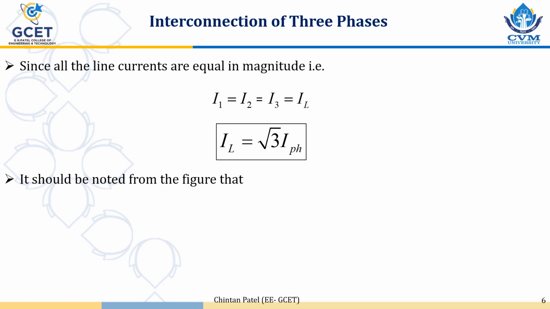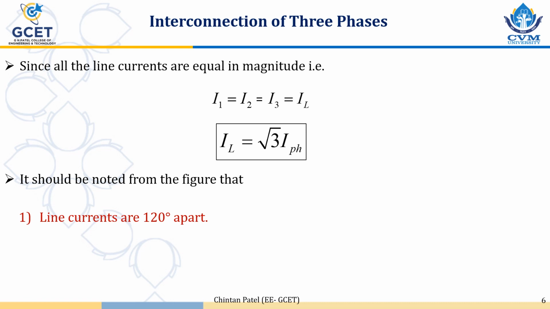From the vector diagram, it should be noted that the line currents are 120 degrees apart. So all the three line currents I1, I2, I3 are 120 degrees apart from each other. That is, the angle between I1 and I2 is 120 degrees, between I2 and I3 is 120 degrees, and between I3 and I1 is also 120 degrees. Phase currents are also 120 degrees apart from each other.